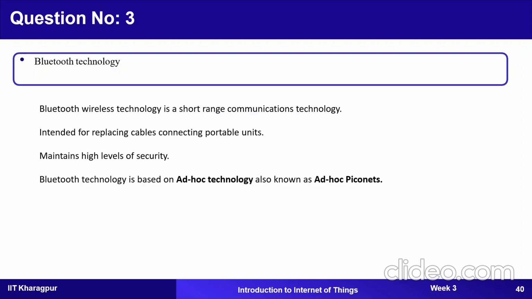Now these are the features of Bluetooth technology. Bluetooth wireless technology is a short range communication technology intended for replacing cables connecting portable units. It also maintains a high level of security, and it is based on ad hoc technology and also ad hoc piconets.